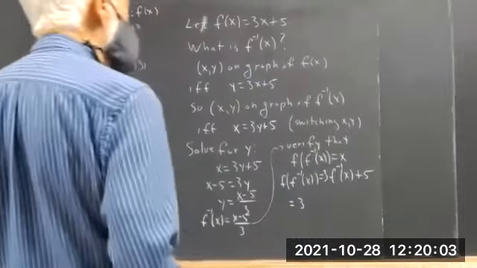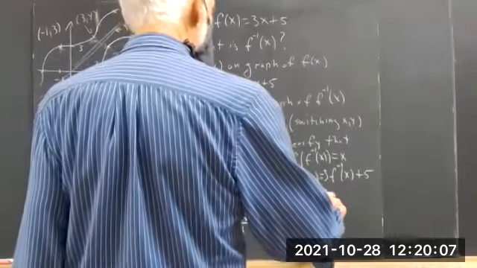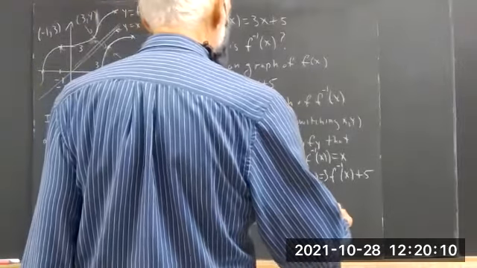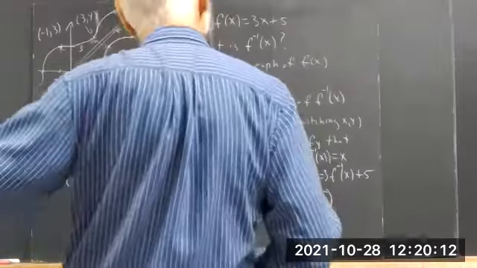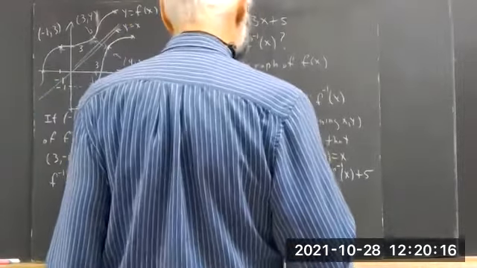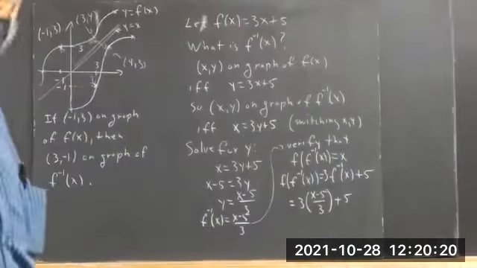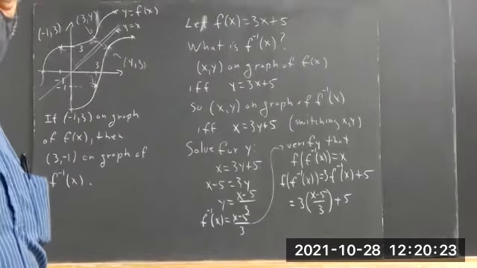And that equals 3 times, well, F inverse of X is X minus 5 over 3, plus 5. Okay.